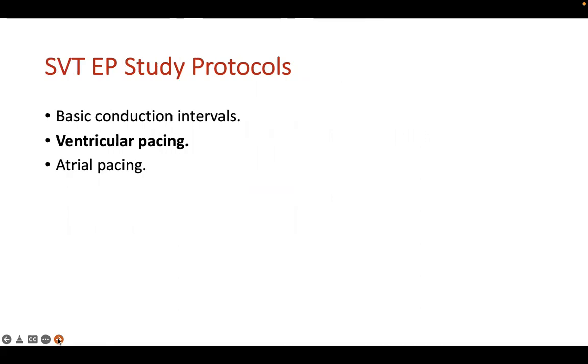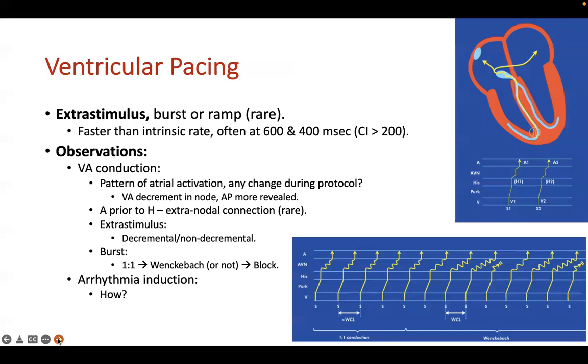Okay, so now you measure your basic intervals. Of course you can measure them in your Carto or in your Insight or at the recording system as well. Everyone should do it in whatever position he or she is in. Typically we start with ventricular pacing. Why is this? Because with atrial pacing, you might induce AFib, and if it doesn't terminate, you have to shock, and it's just a little bit annoying.